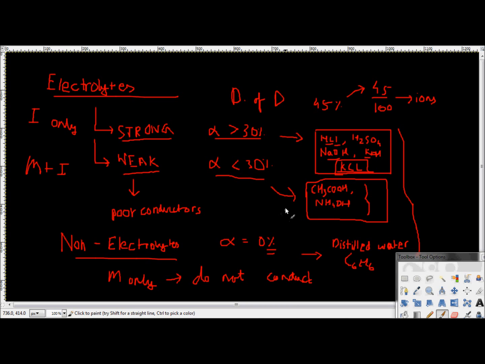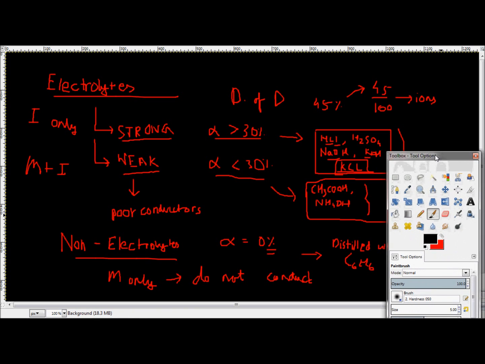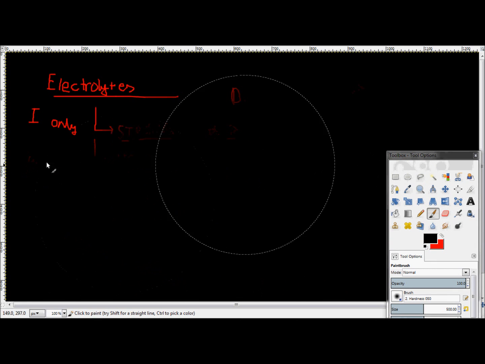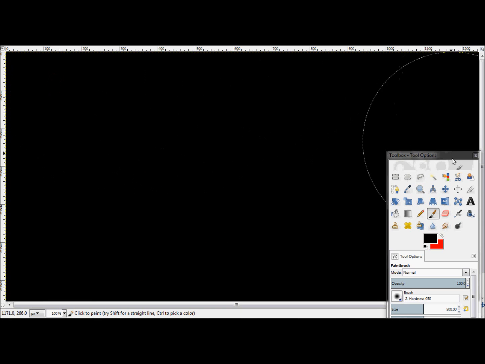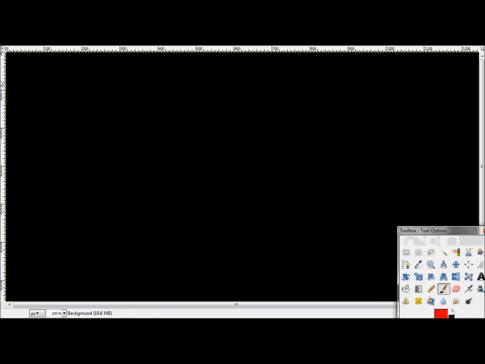Now coming to one of the most important parts. The next concept is something called preferential discharge. In some cases your electrolyte will have not one but two cations or two anions. I'll give you one example right now. Say you have an aqueous solution of NaCl.